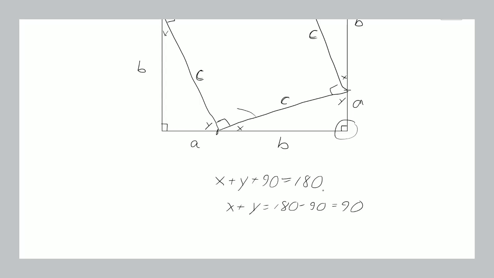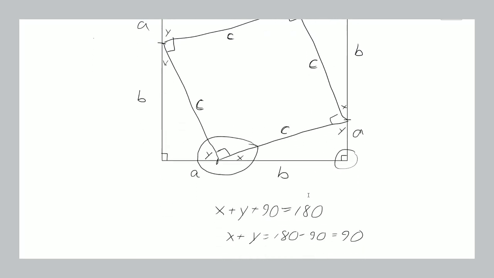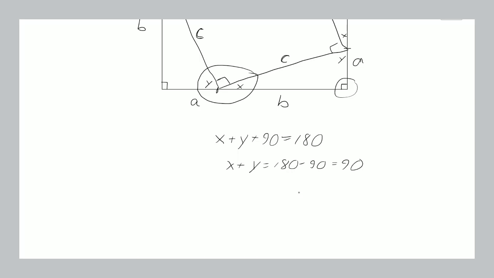And if we look at this section right here, we have 4 of those sections, right? So this angle here that we're claiming is 90 degrees, how do we know it's 90 degrees? Well, this is a straight line here, right? So this entire angle has to be 180.